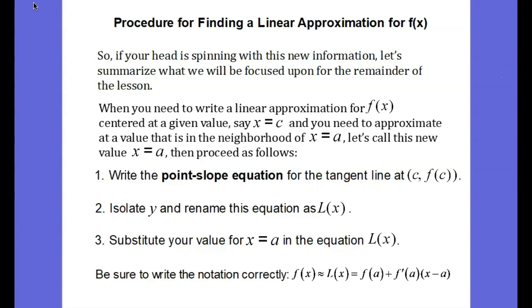Substitute your value for x equals a in the equation L of x, and be sure to write the notation correctly. We need to write that f of x is approximately L of x, but L of x is equal to f of a plus f prime of a times quantity x minus a.